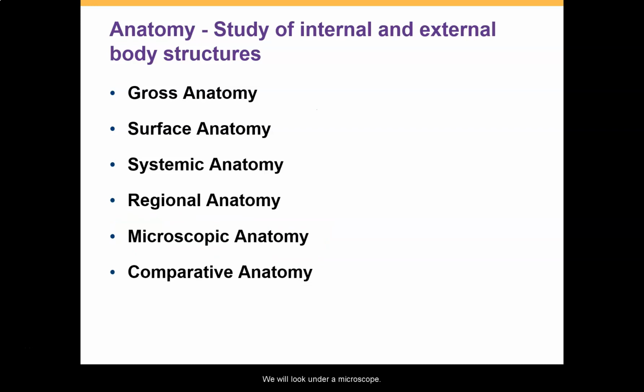We will look under a microscope, both in lecture as well as in lab, and we will examine microscopic anatomy, or small structures that you cannot see with your bare eye.